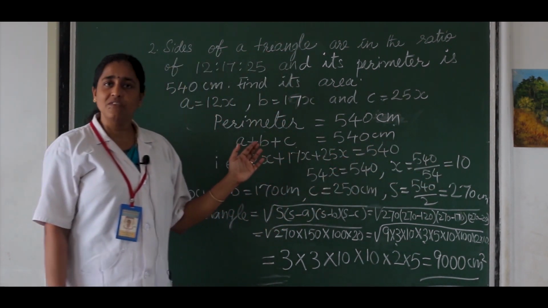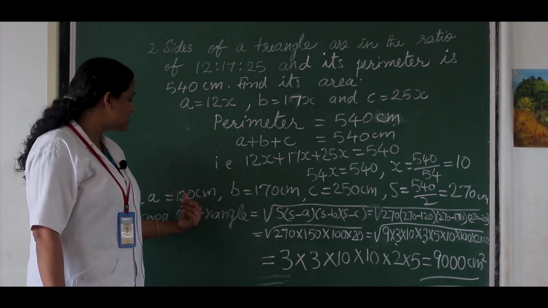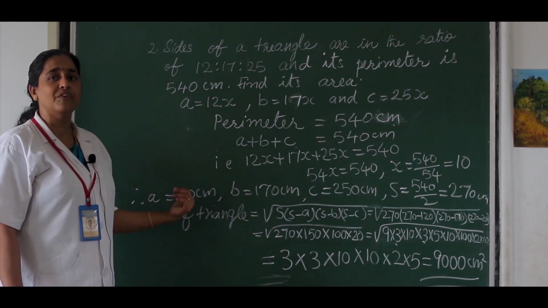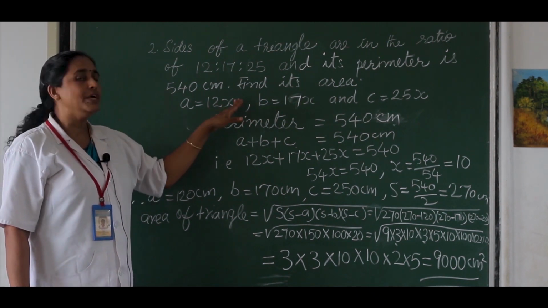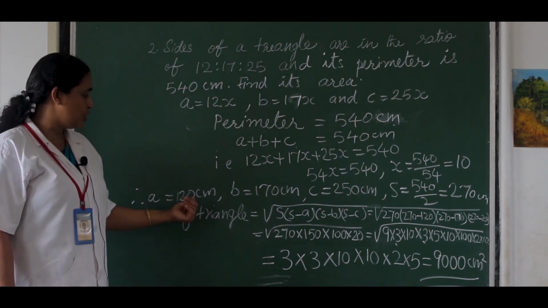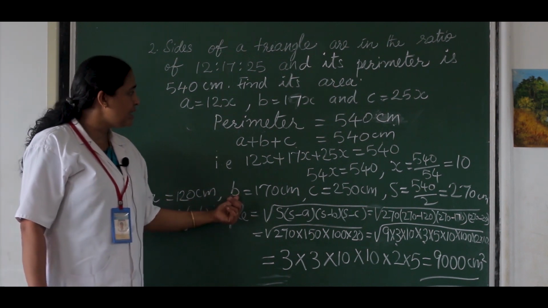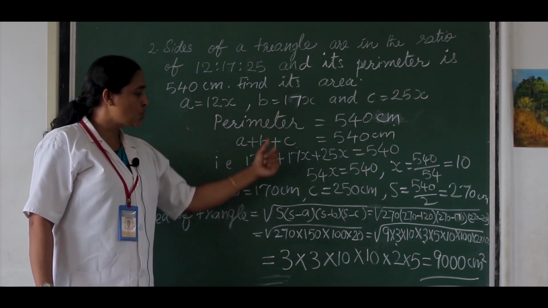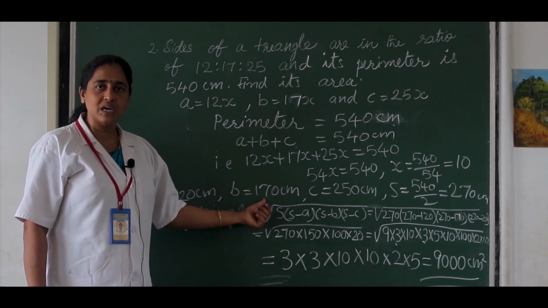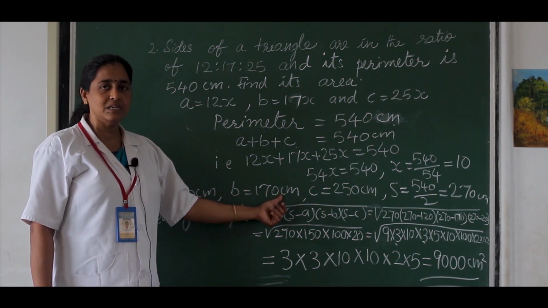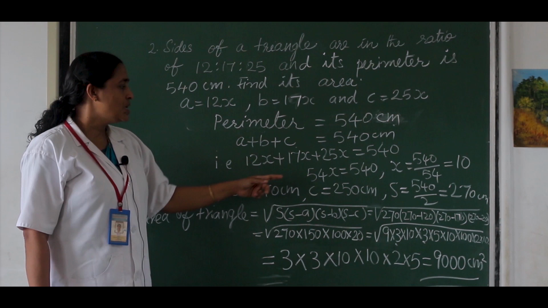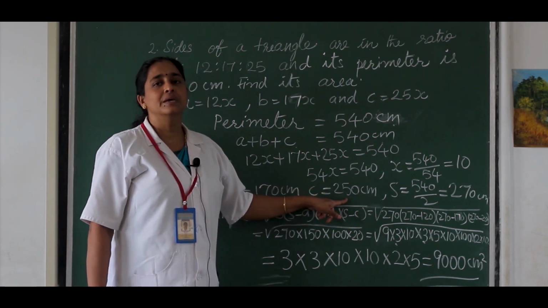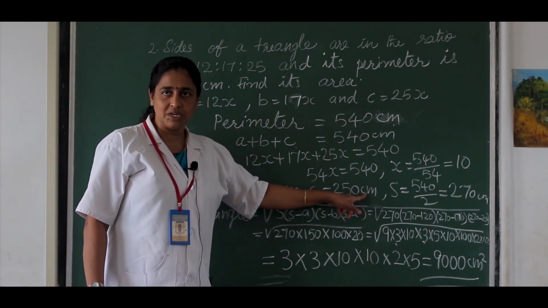So here we got the value of x and we are substituting it in A, 12x, that is 12 into 10, it is 120 centimeter. B is 17x, so it is 17 into 10, it is 170 centimeter. And C is 25x, that is 25 into 10, it is 250 centimeter.